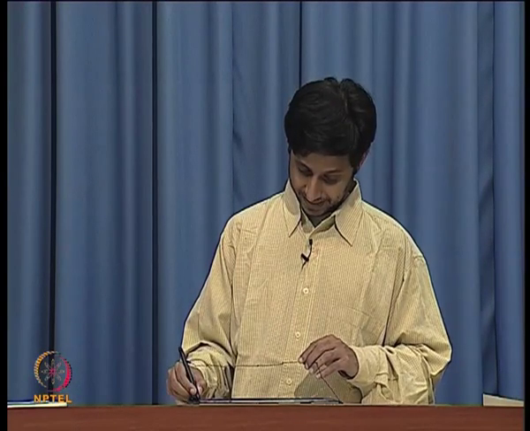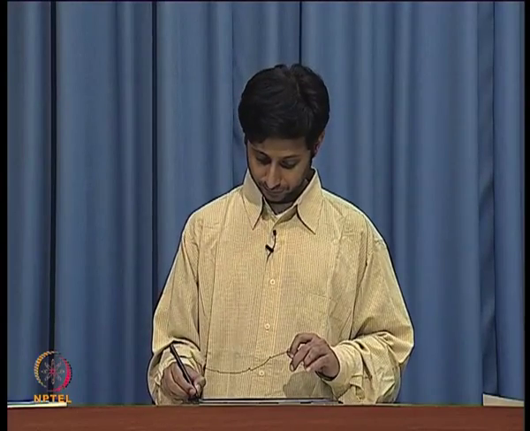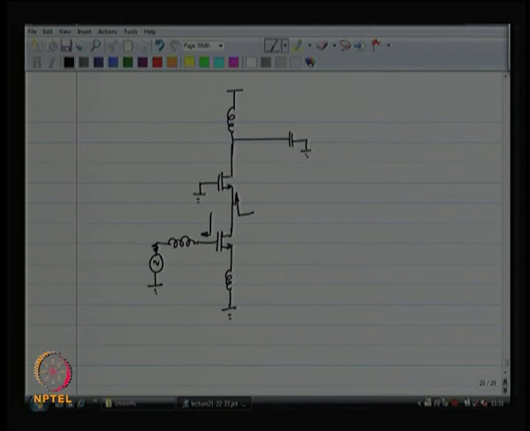Okay. And then I said that we need to model the noise of each of these MOSFETs. To model the noise, I said let us make our first approximation to make our life easy. To make our life easy, let us approximate the input impedance of the cascoded MOSFET.